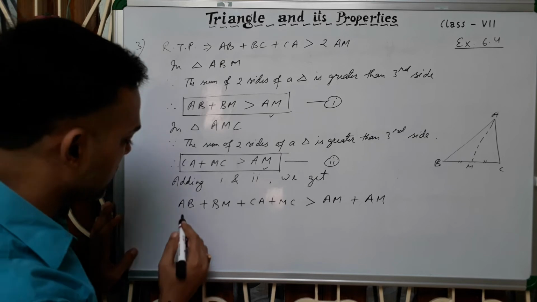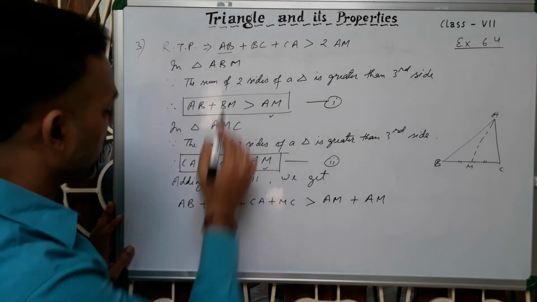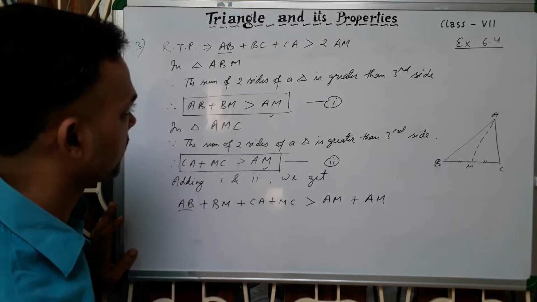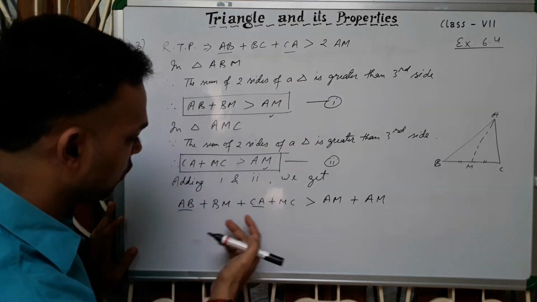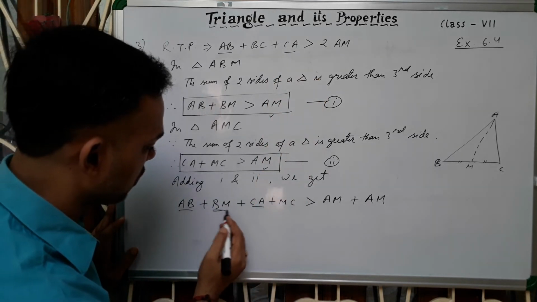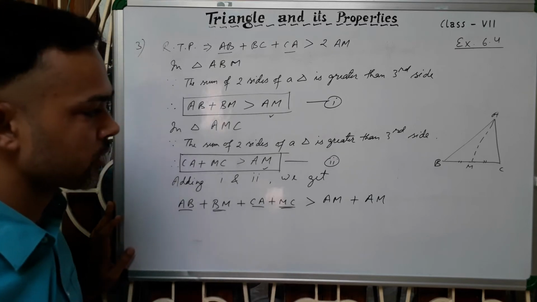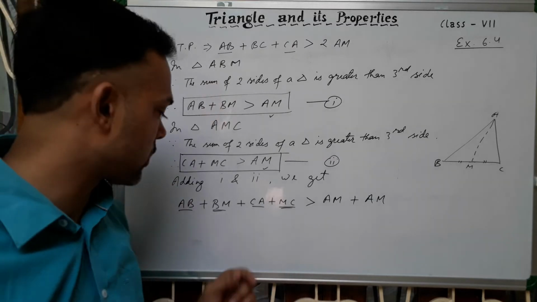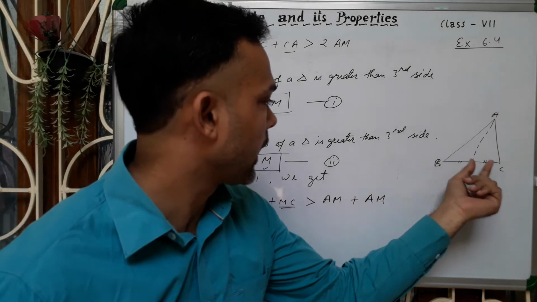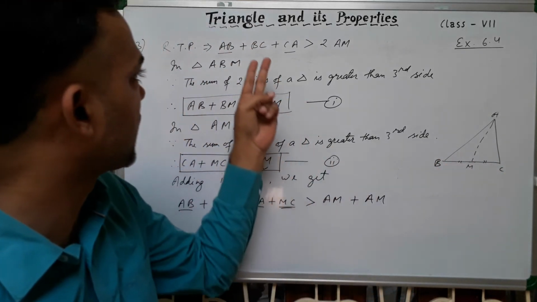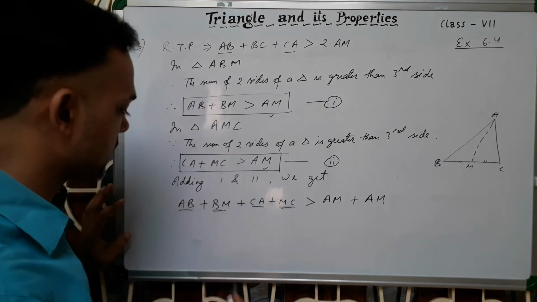Now what you are observing required to prove, you have AB, then you also have CA, and over here you have two of the sides. But one thing that you will be observing is that this BM and MC when added gives you this BC. Let's see.